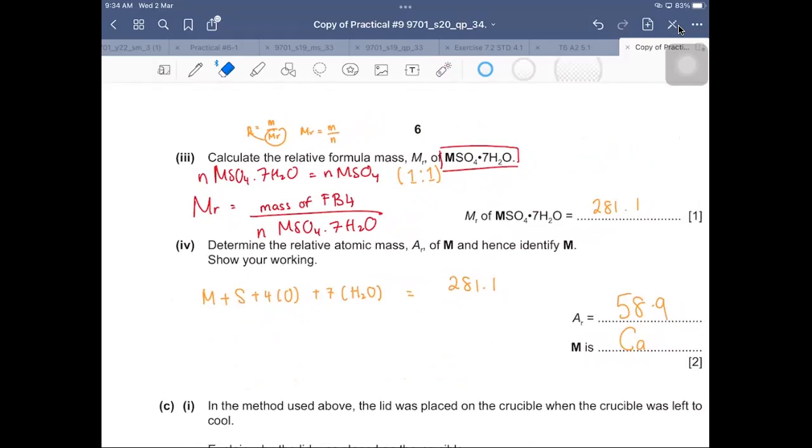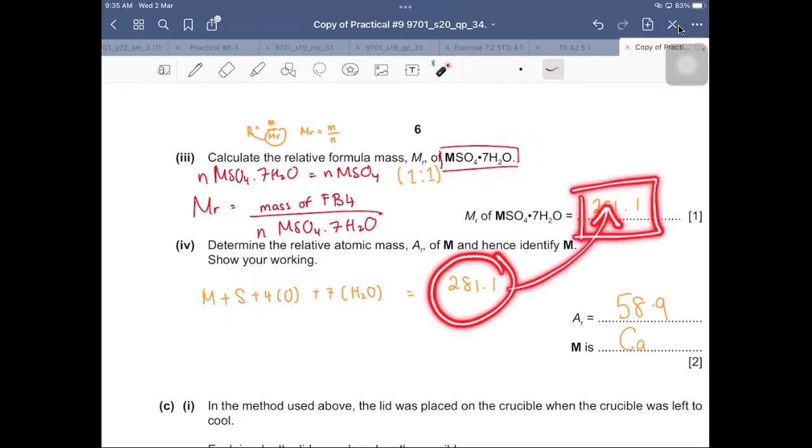Same thing, you add up the AR of M, which is, I don't know, our X, plus the AR of sulfur, 32.1, plus 4 times oxygen, 4 times 16, plus 7 times H2O, which is 7 times 18. It gives you whatever number you have from part 2. Okay?